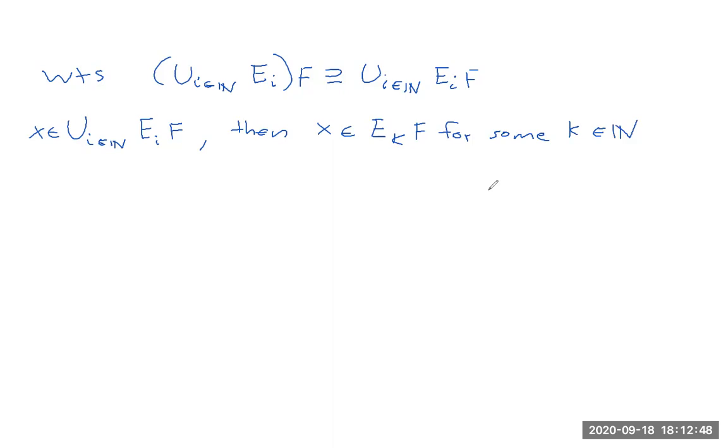If x is a member of a union, then it is a member of at least one of the events. It can be a member of multiple events, but is at least a member of one of them. And we're going to pick E_k to be that specific set. Because x is a member of E_k intersection with F, then by definition of an intersection, x is an element of E_k and x is a member of F.